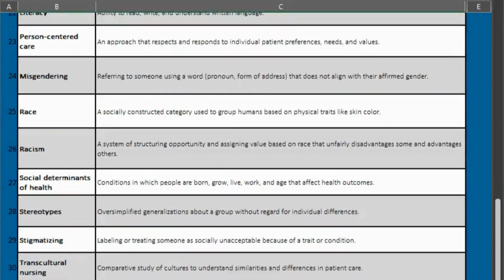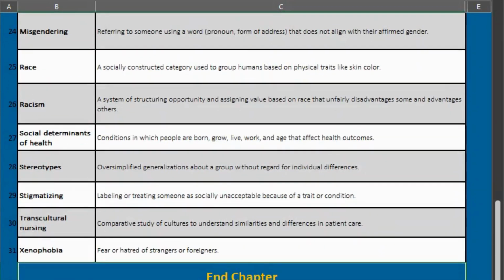Transcultural nursing is the comparative study of culture to understand similarities and differences in patient care, meaning the Sunrise Model, very important, by Leininger, guides transcultural assessment.